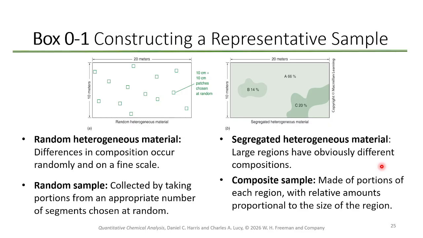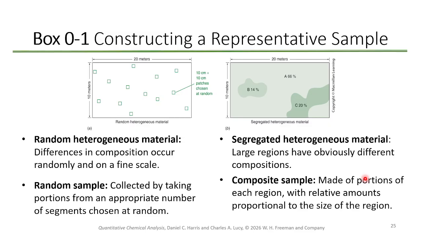Segregated heterogeneous material. These are going to be large regions that have obviously different compositions. Has anybody ever seen Damascus steel or a painting? Those are great examples of this. Large sections, very different sections. And so what you need to do for those is make a composite sample.